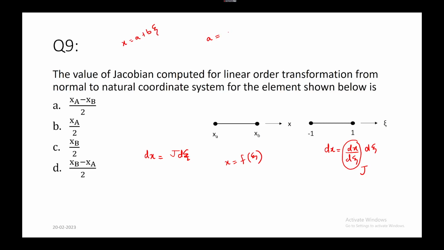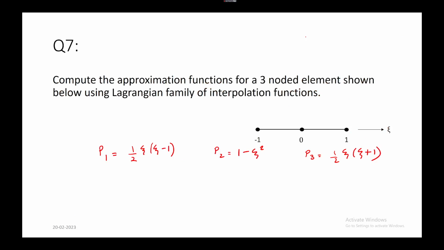A is equal to xa plus xb by 2, and b is xb minus xa by 2.